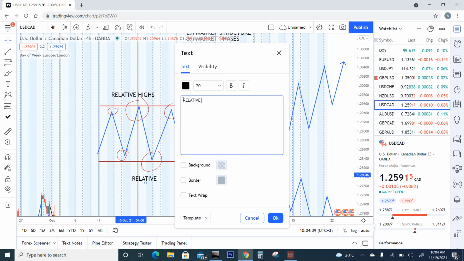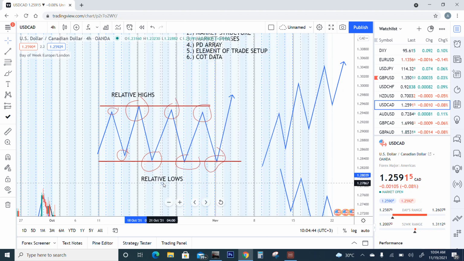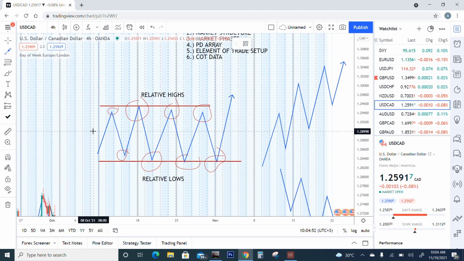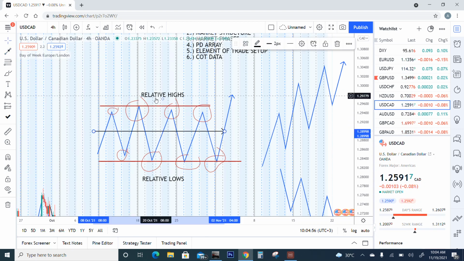This is how you know when the market is moving sideways, by drawing these two lines up and down, called support and resistance. That's what it's normally called.